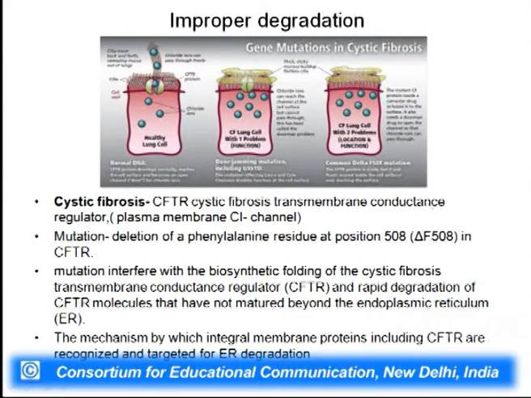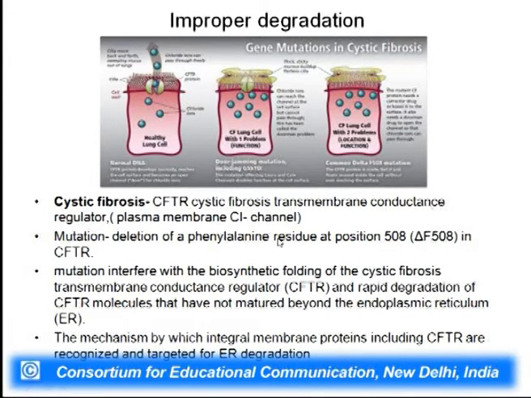Another important aspect is improper degradation, that is, when there is failure of correct degradation of the junk or waste protein, when the ubiquitin and proteasome system is unable to decipher if it is the correct protein that they are degrading or an unfolded junk protein that they are degrading.